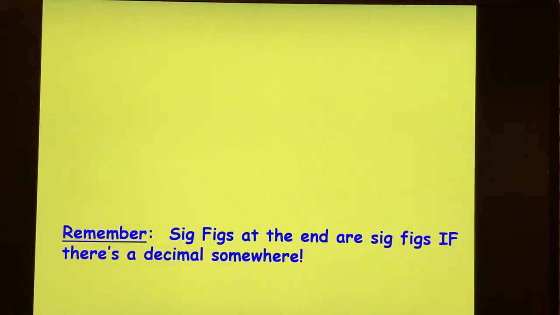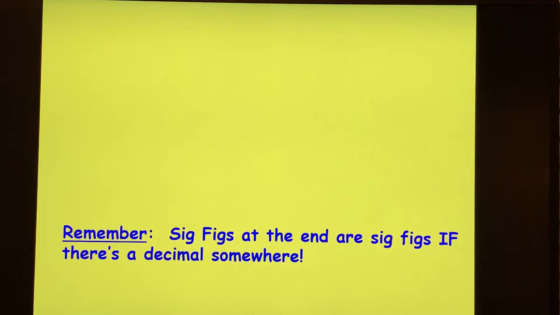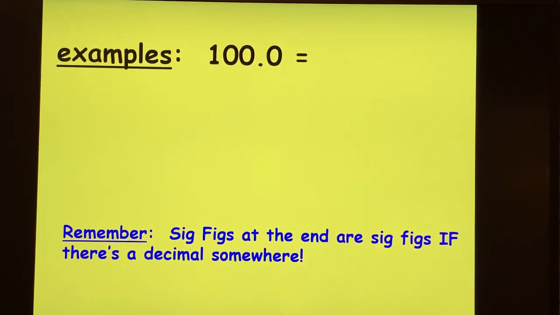Now remember, zeros at the end are significant figures if there's a decimal somewhere. So I think that's supposed to say zeros at the end. So 100.0, there is a decimal. So how many sig figs? Correct, 4.